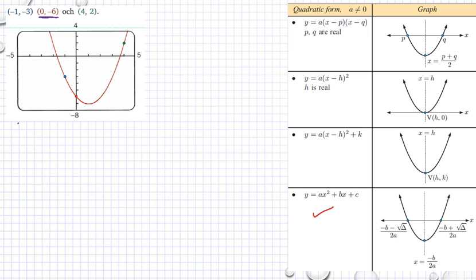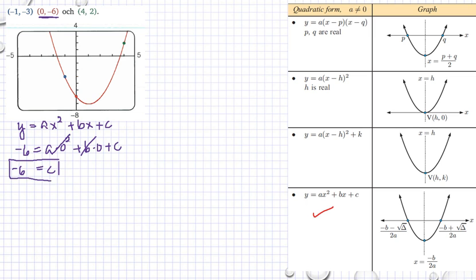If we're going to use our general form, y is equal to ax squared plus bx plus c, and then when x is 0, then we have -6. So we have a times 0 squared plus b times 0 plus c. So this is 0, this is 0. Then we have c is equal to -6. Then we already have one value of our function.